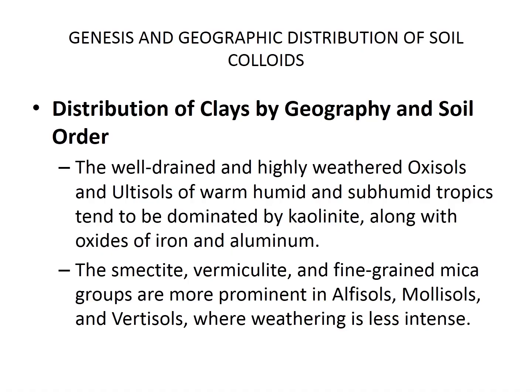Remember, the vertisols are the shrink and swell types, so you'd expect these to be more of a smectite type of clay. Mollisols, it depends on where they're at, but these tend to be less weathered compared to the 1-to-1 clays.